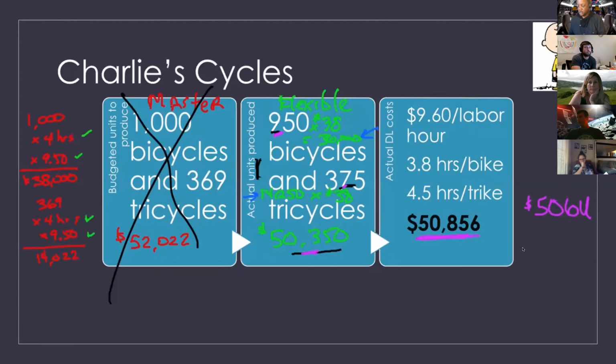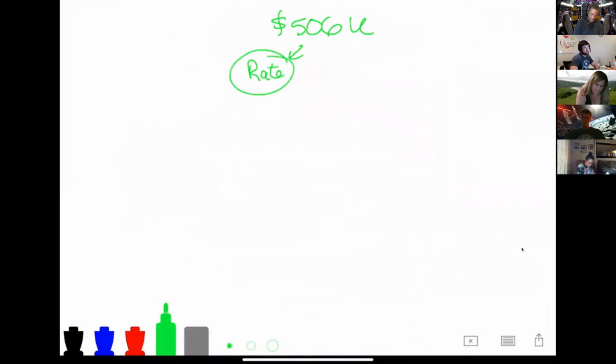Questions? So if we go here, we can take this $506 unfavorable, and then we can break it out between how much is due to the rate and how much is due to the efficiency.